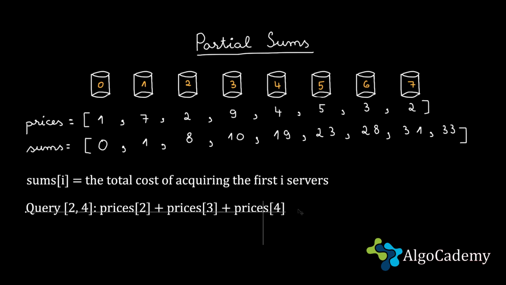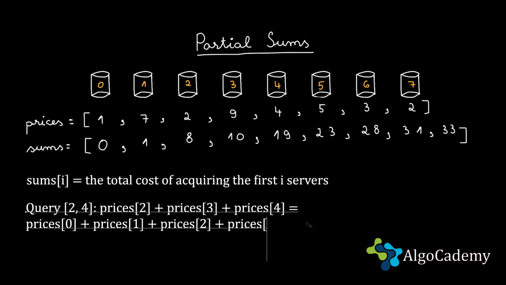We can write prices of 2 plus prices of 3 plus prices of 4 as prices of 0 plus prices of 1 plus prices of 2 plus prices of 3 plus prices of 4 minus the first 2 that we've just added, right? Prices of 0 plus prices of 1.